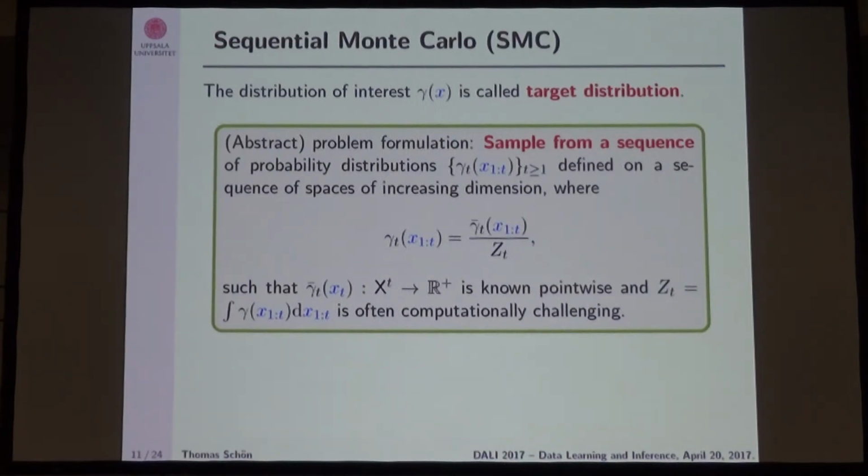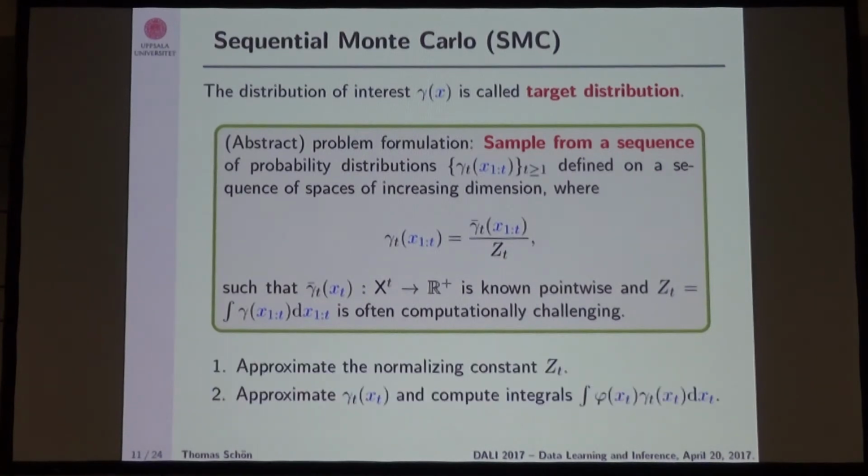And then, as usual, we can write this as the unnormalized density over a normalization constant. We require that we can evaluate this unnormalized density pointwise. And the normalization constant is typically quite challenging to compute.